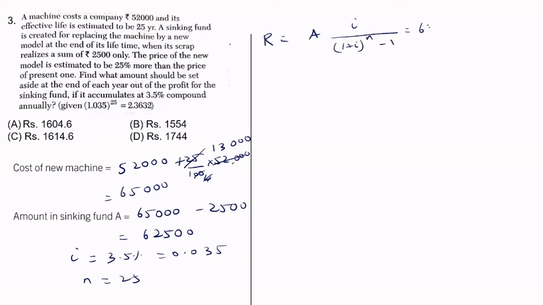So here A is 62,500, I is 0.035 upon 1 plus 0.035 the whole raised to N is 25 minus 1. So here we have 0.035. So if we remove these two zeros, we will have 625 into 3.5. So let me do it here. 625 into 3.5.